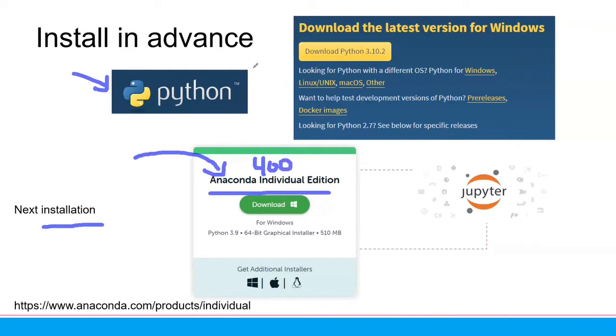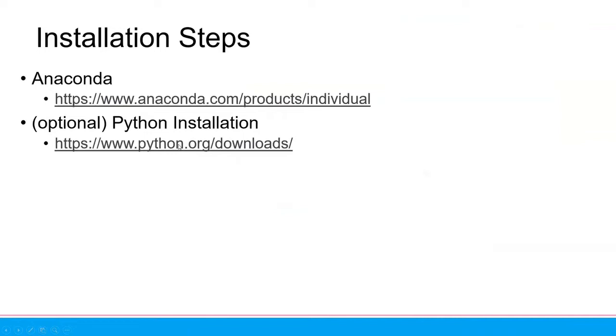And Python, I think is about 70, so I don't know, around 50 megabyte. So if you install both of them, yeah, of course, the memory consumption will be higher. So you can just install Anaconda. And yeah, if you want to install Python, it is optional.